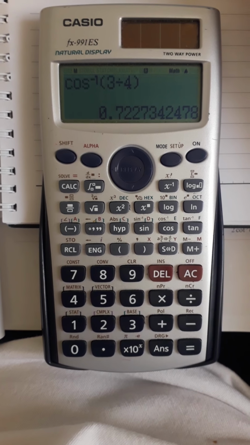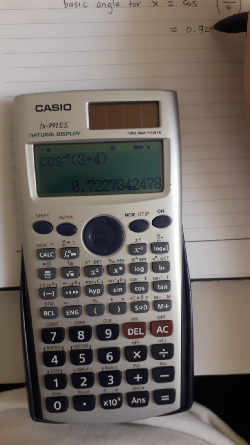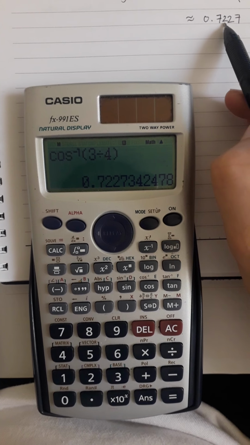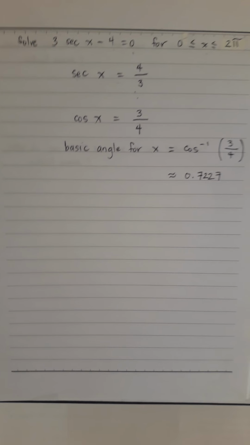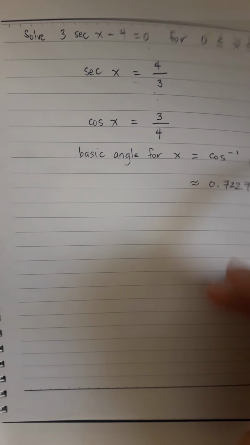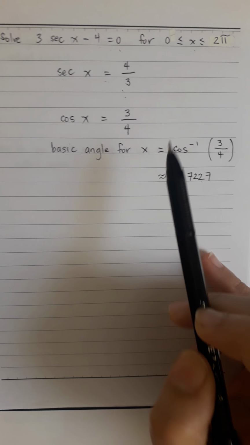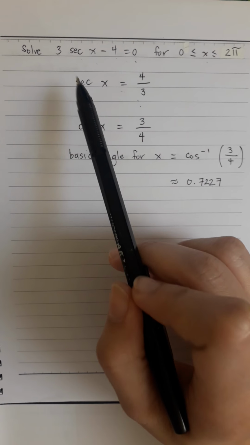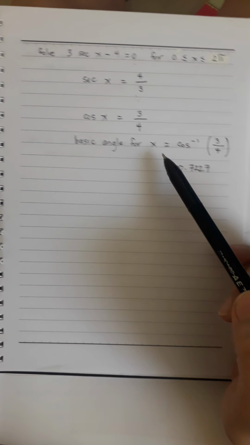So that will be 0.7227. 4 significant figures. 1, 2, 3, 4. Okay. This is not yet the value of x that we need. This is the basic angle, which we will use to find all the possible values of x that will satisfy this equation. So how do we find those?